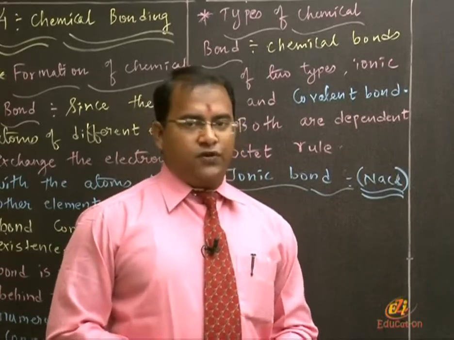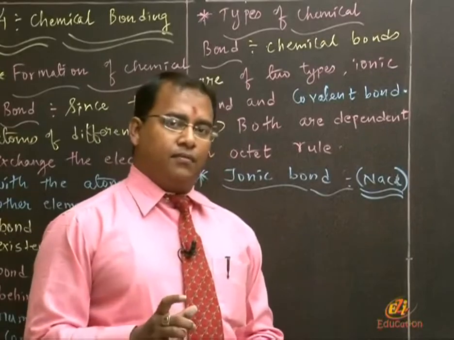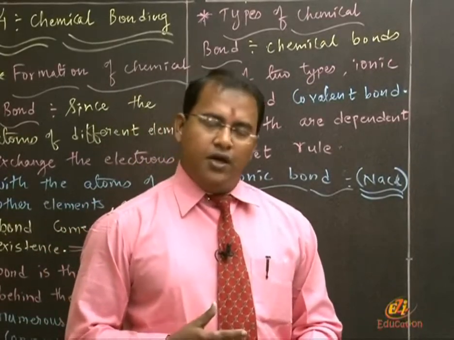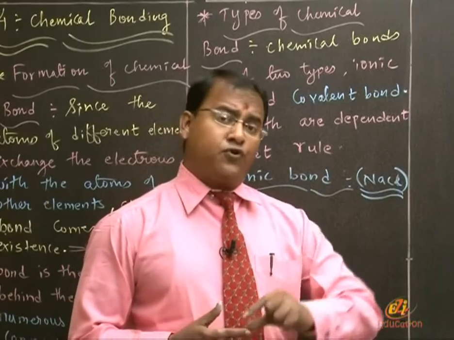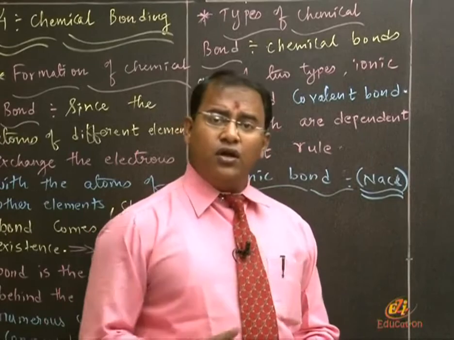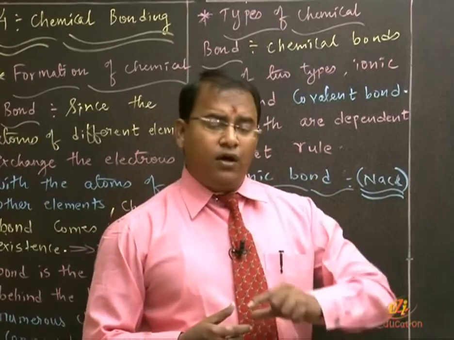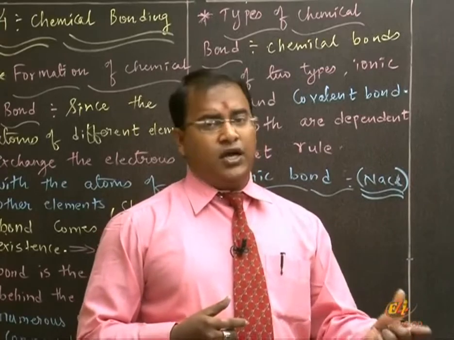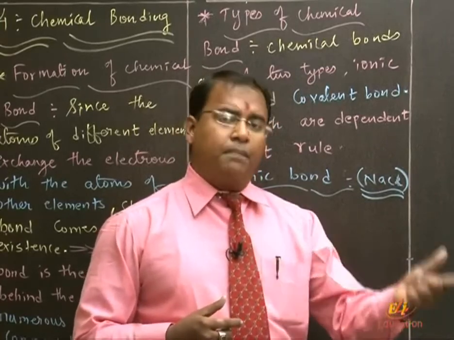When is positive ion formed? When an atom loses electron, it forms positive ion, depending upon the number of electrons lost. For example, if an atom loses 1 electron, it will have plus 1. If it is losing 2 electrons, the power will be plus 2.